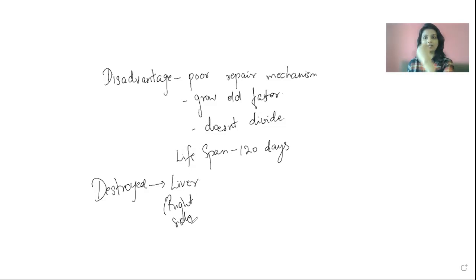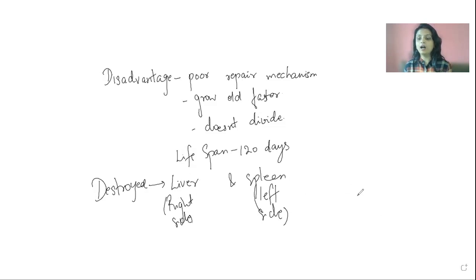And the left side generally will go to the spleen, because the spleen also has many capillaries. So they are going to be destroyed over there after 120 days.